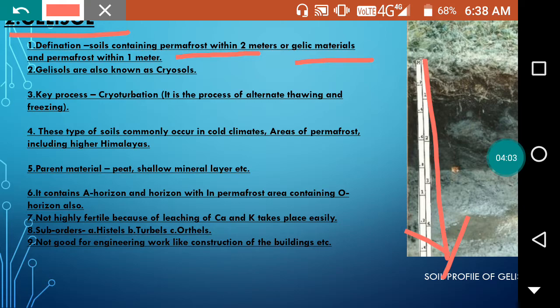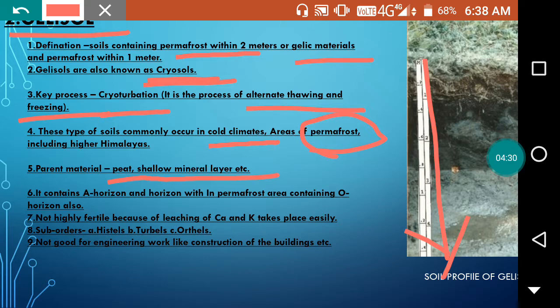And Gelisols are commonly known as cryosols because here the key process is cryoturbation. Cryoturbation is nothing but the alternate thawing and freezing. And these types of soils commonly occur in cold climates, and commonly in areas of permafrost. And the parent material here is peat and shallow mineral layers.